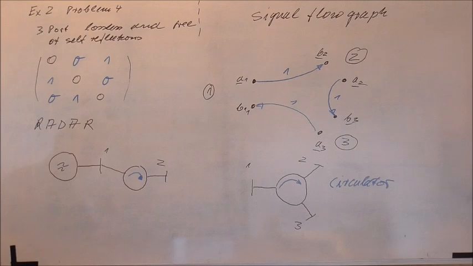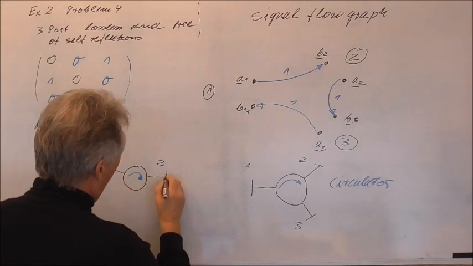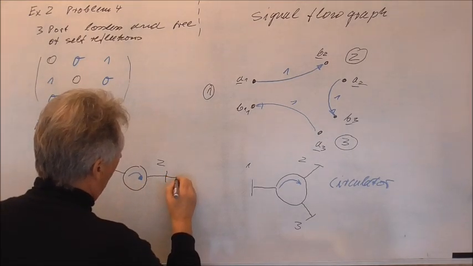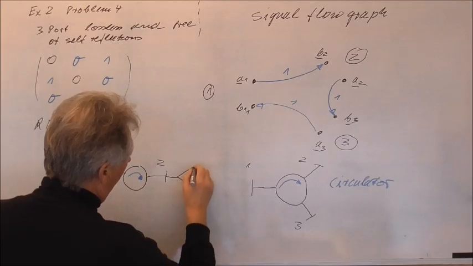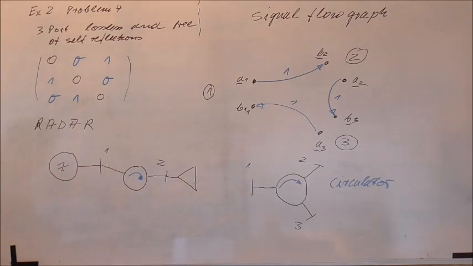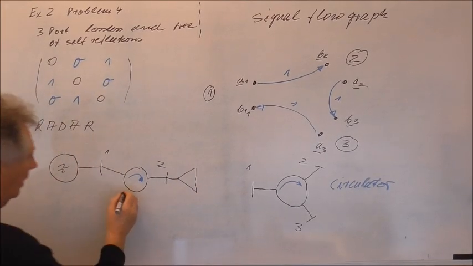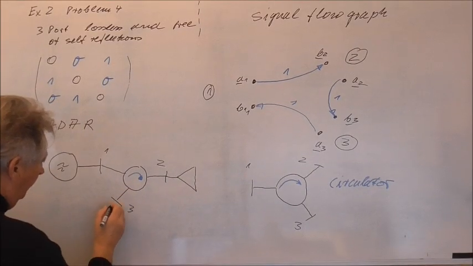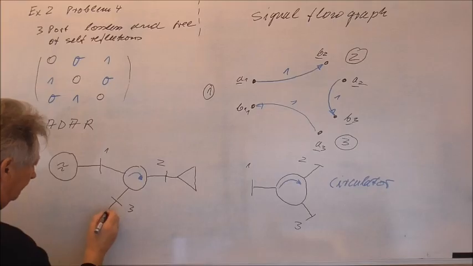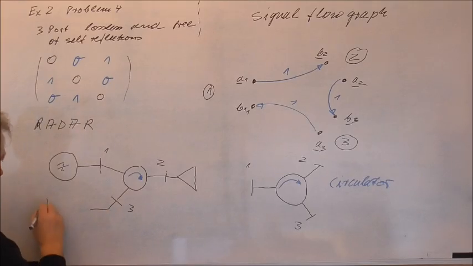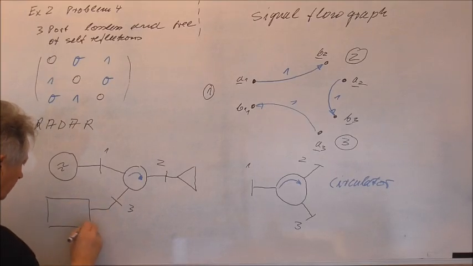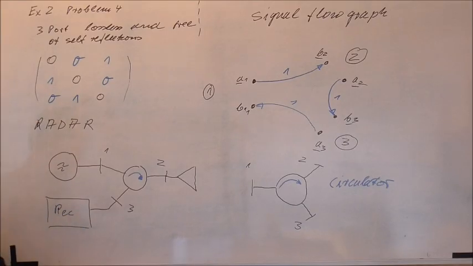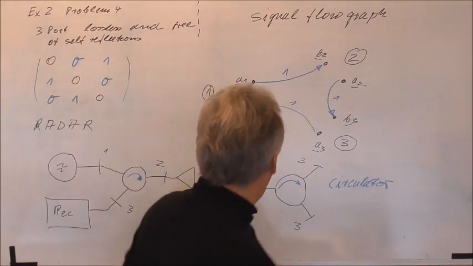And of course in port 2 you can now insert an antenna, and then in port 3 we can insert a receiver, a receiver with a certain rectifier.